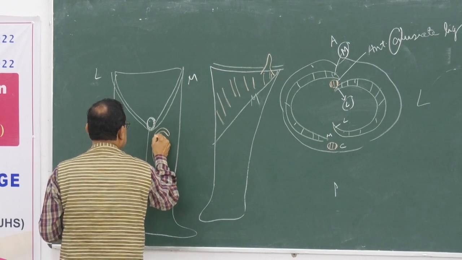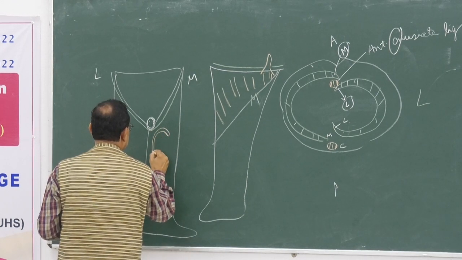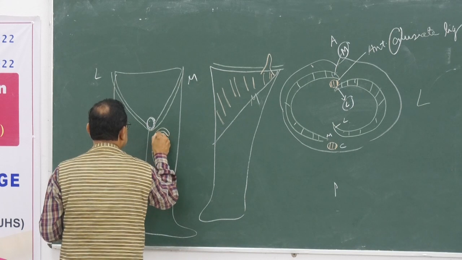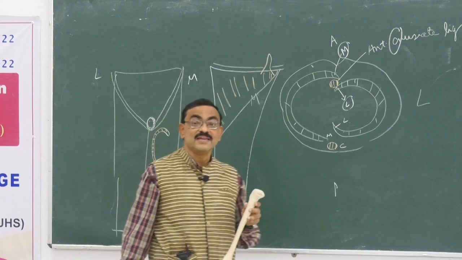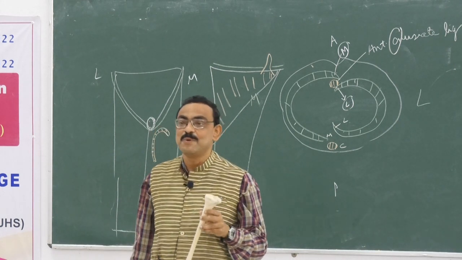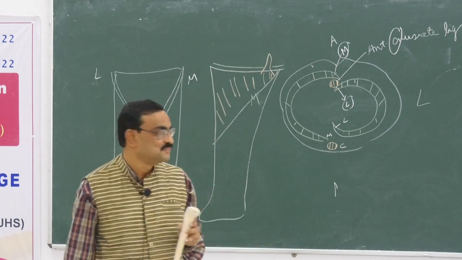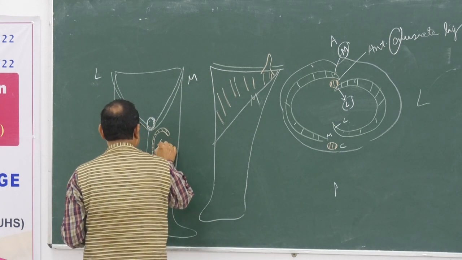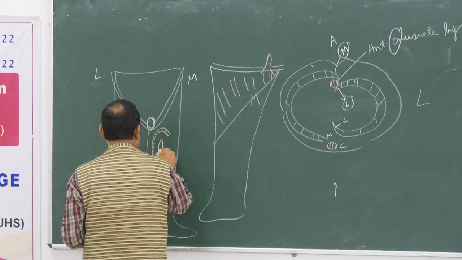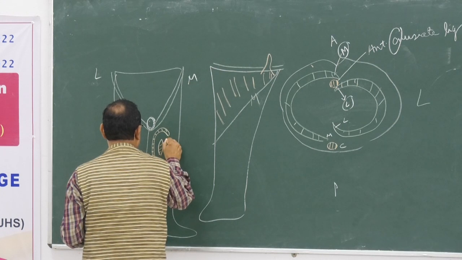One muscle has got an attachment with an inverted hockey stick appearance. Then there is another small muscle and another small muscle.